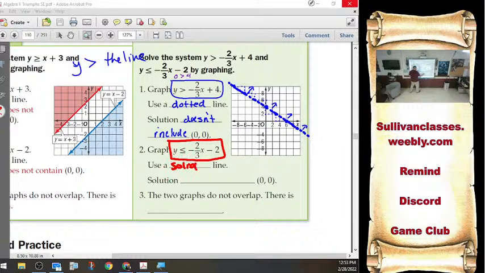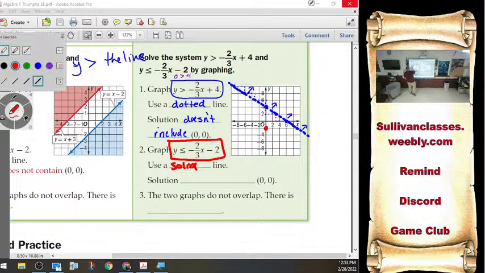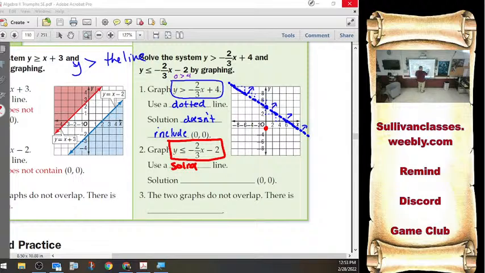Solid line. Start at -2. Slope is -2. Down 2, right 3. Down 1, 2, over 1, 2, 3. Down 1, 2, over 1, 2, 3.